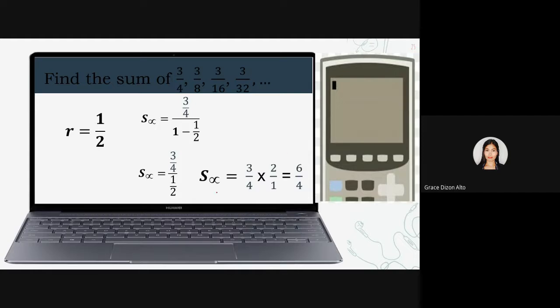And then doing the rule of division of fractions, instead of division, we'll have to multiply the reciprocal. And then you can do the parallel multiplication. 3 times 2 is 6. 4 times 1 is 4. Simplify it further, we will get 3 halves. Okay, so the sum to infinity of this sequence is 3 halves.